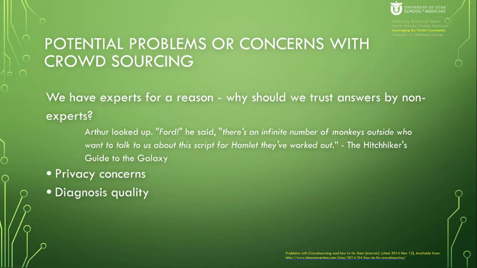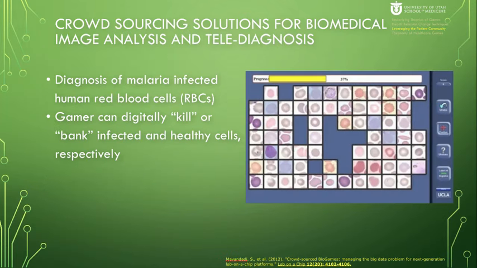While these concerns are valid and must be reviewed with every solution, it has been proven that non-expert crowdsourced solutions can match experts if the problem is properly framed and the results are reviewed. Take, for example, the case of biomedical image analysis mentioned on the previous slide.